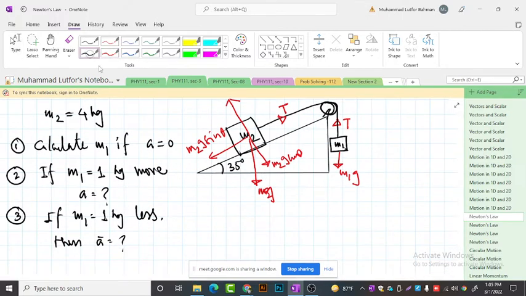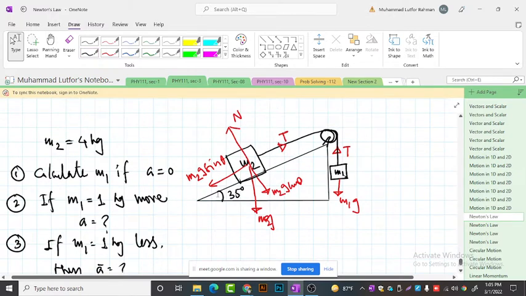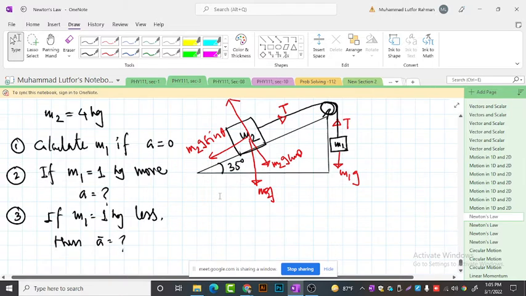This is the free body diagram, right? Fine. So if I consider the total system is stationary, which means that acceleration is 0, then I can say for block 1 the net force along the x and y direction will be 0. It will move only in the vertical direction, so that's why I'm considering the y direction here.